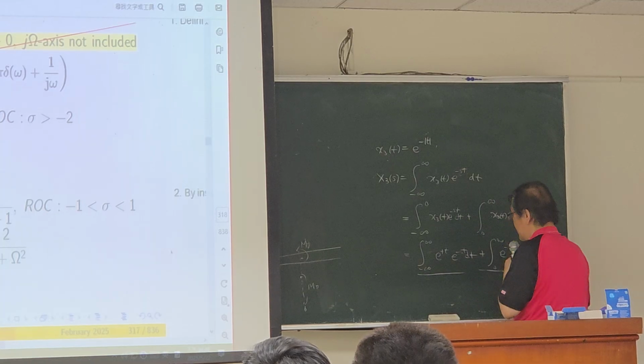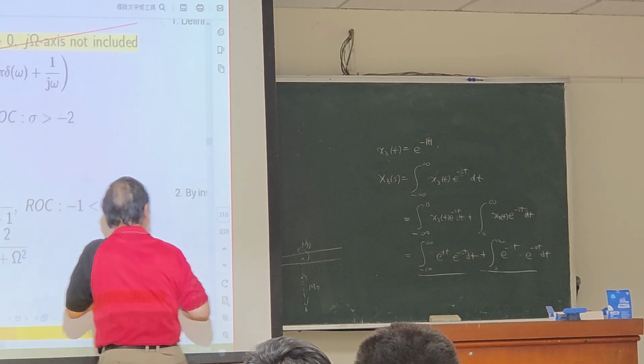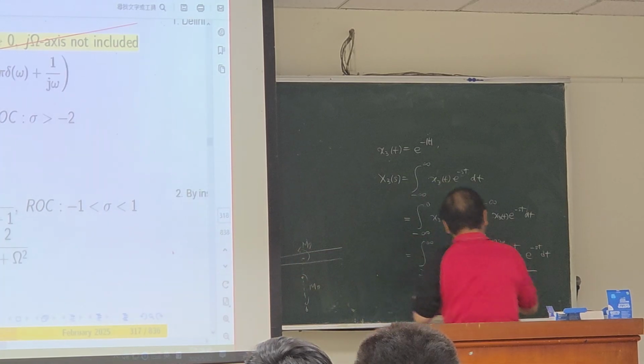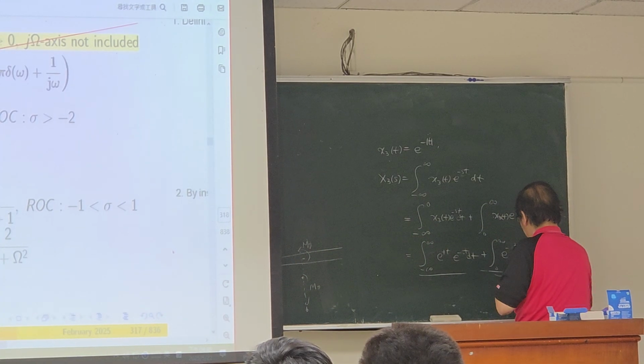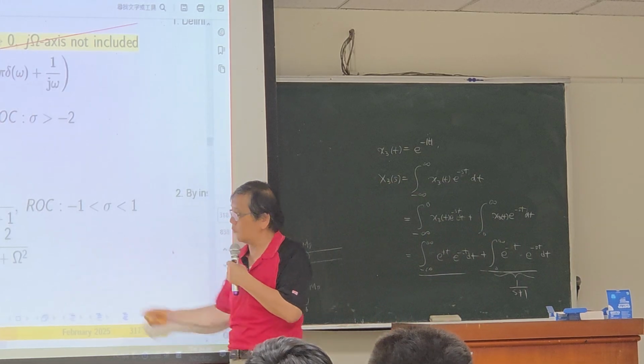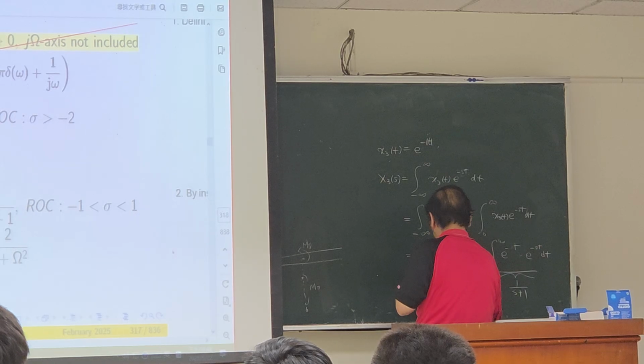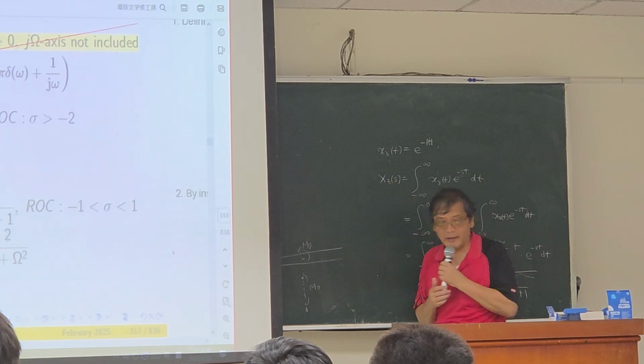We have to divide it into the two parts. So one of these will give you 1 over s plus 1. And the other one will give you 1 over negative s plus 1.